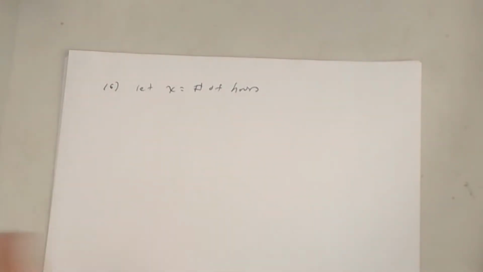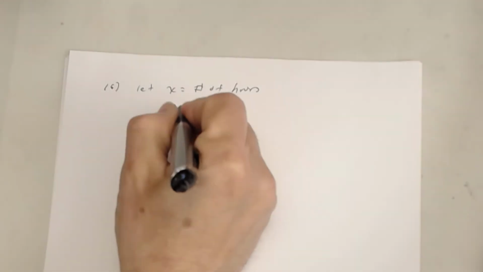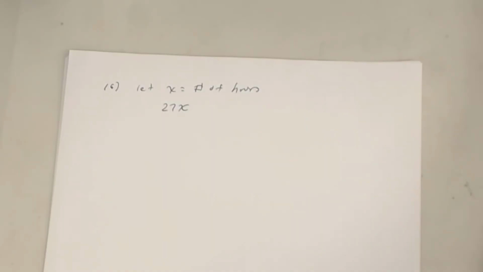That's what x represents. So when I say $27 per hour and x represents the number of hours, what expression does that become? 27x. All right, plus 80. Now, remember, there's also that fixed cost. What is that fixed cost? $80.